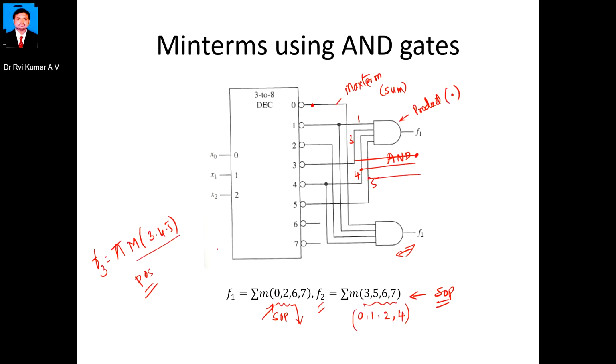I am getting a sum term here, and then I want to use the product, so I use a NAND gate to implement this F3, because here we are getting an inversion. This is how we can implement a Boolean function using a decoder.